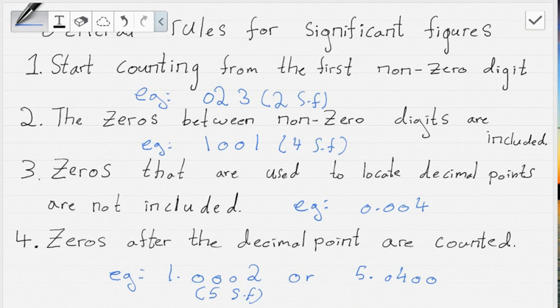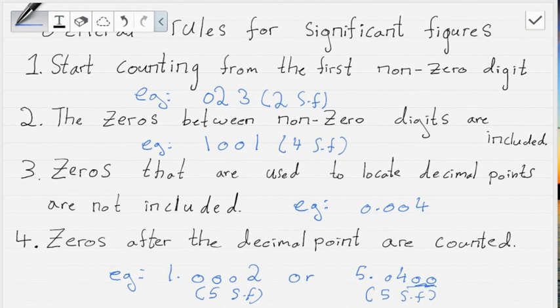The second one also has 5 significant figures, even though there aren't any non-zero digits after the last two zeros, because as the rule says, after the decimal point you start counting the zeros.